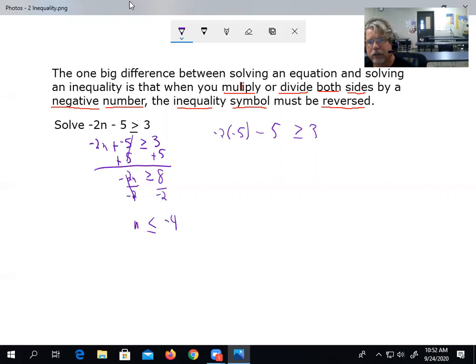So negative 2 times negative 5 is going to be a positive 10. 10 minus 5 is going to be 5. And 5 is indeed greater than or equal to 3, so that does check out. So any number less than or equal to negative 4 should make this inequality statement a true statement. And we kind of proved it there by using a negative 5, and it made it a true statement.